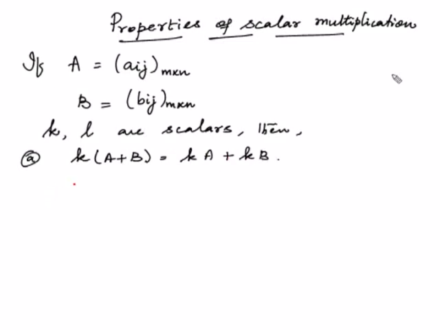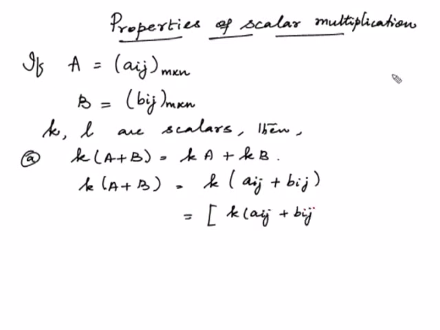So let's try to prove it. K times (A plus B) is equal to K times (Aij plus Bij). So that will be equal to K of (Aij plus Bij).